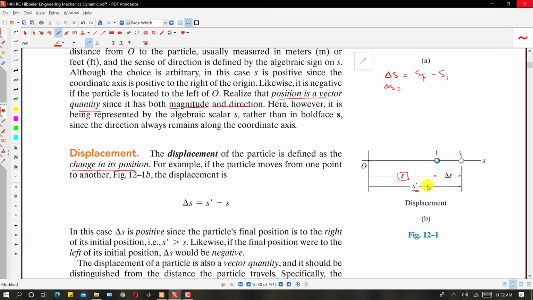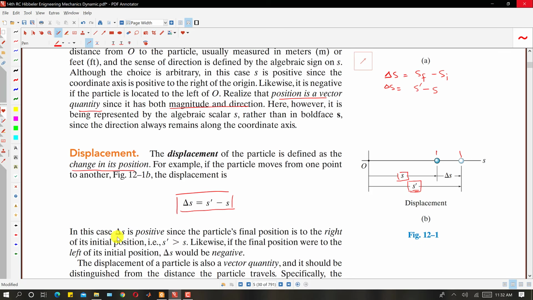The magnitude of that final position from the origin is, let's say, S dash meters, so we write S dash minus the initial S. So the displacement of the particle is defined as the change in its position, the final position minus the initial position.